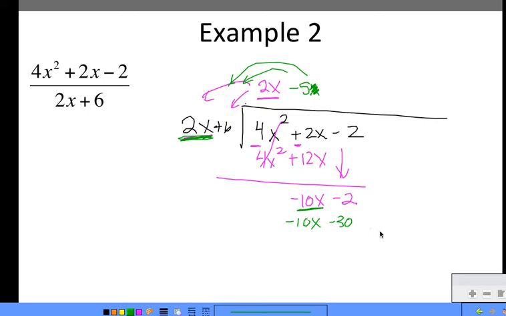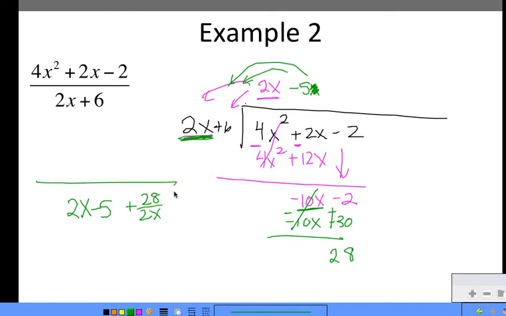So negative 5 times 2x is negative 10x. Negative 5 times 6 is negative 30. Subtract both of these. Well, that's 0. Negative 2 minus negative 30 is positive 28. So we can't make 2x into 28, so our answer would be 2x minus 5 plus 28 out of 2x.